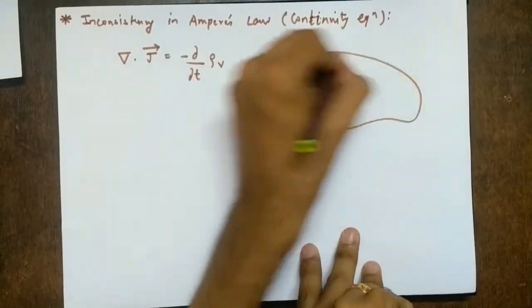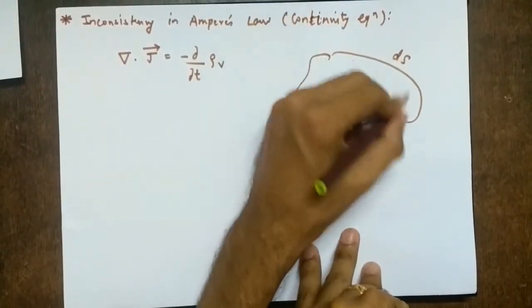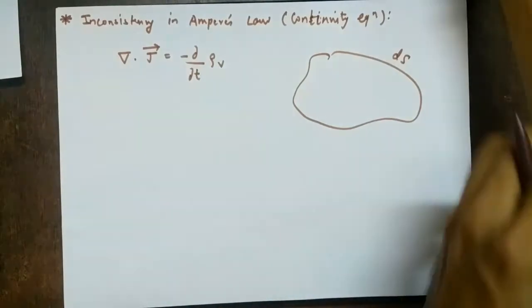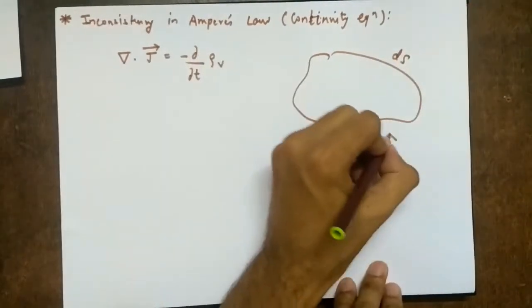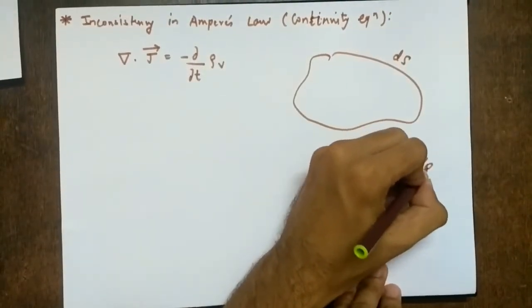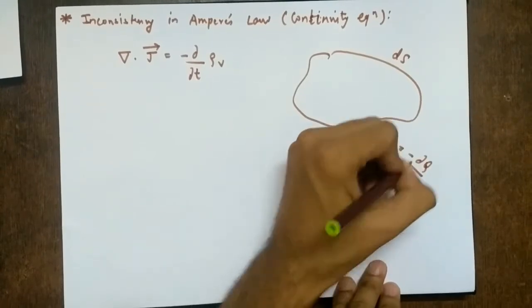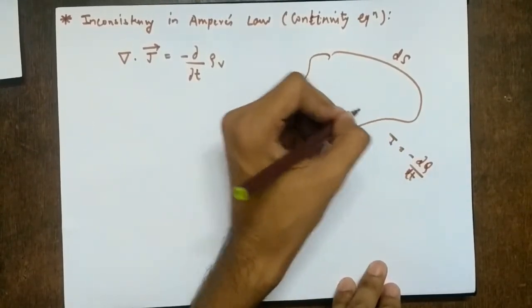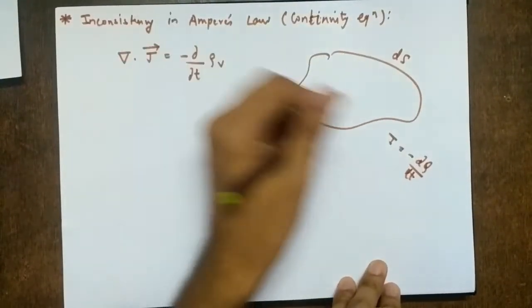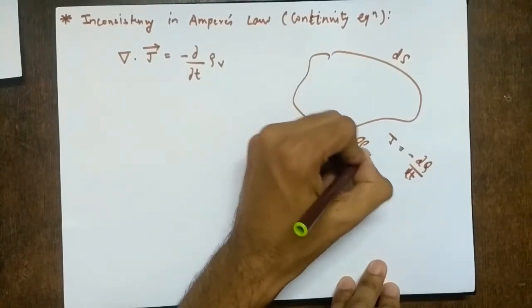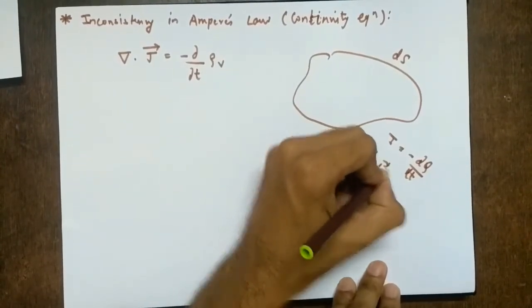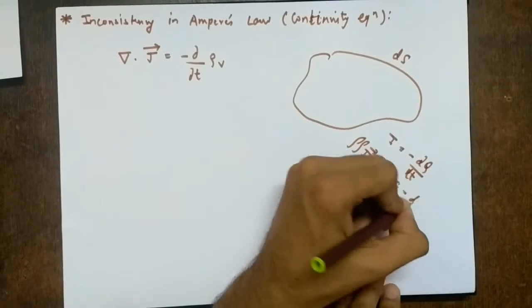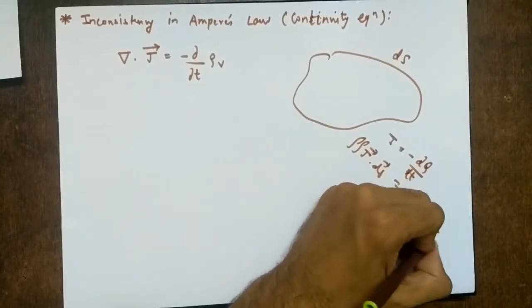We said consider an arbitrary surface dS, which is initially charged up, so it has a charge Q. We said I equal to minus dQ by dt. Why minus? Because as time passes, the charge is decreasing. Then I is the surface integral of J vector dot dS vector, equal to minus d by dt of the volume integral of rho v dv.